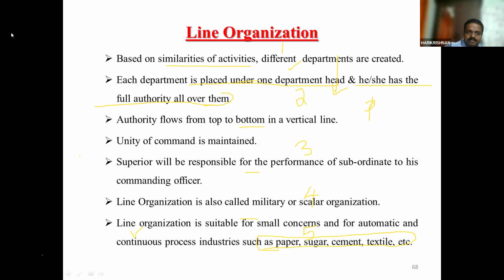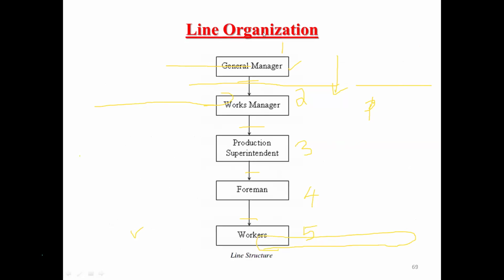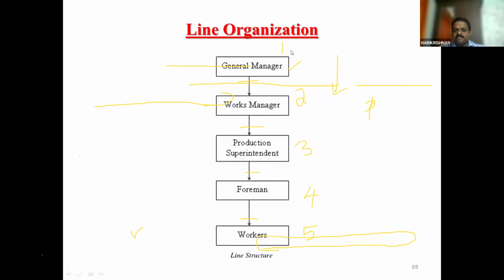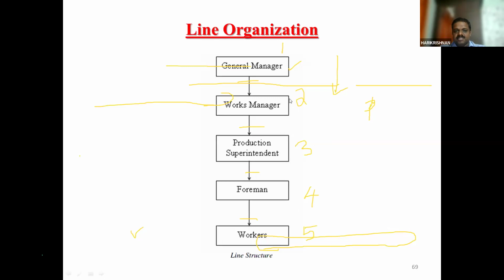For example, whatever input is there, the general manager will give it to the works manager. Then the works manager will give the input to the production superintendent, the production superintendent will give it to the foreman, and the foreman will give it to the workers.